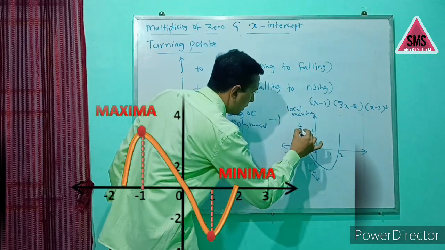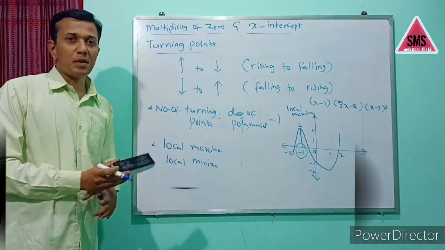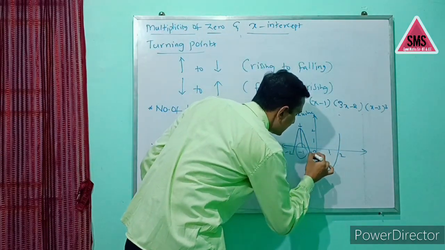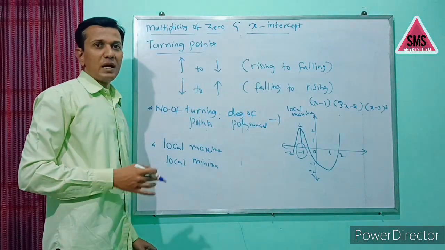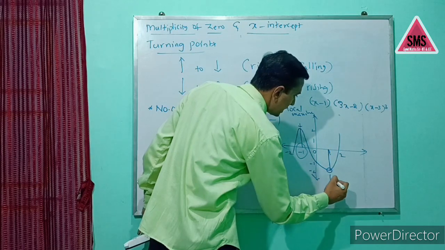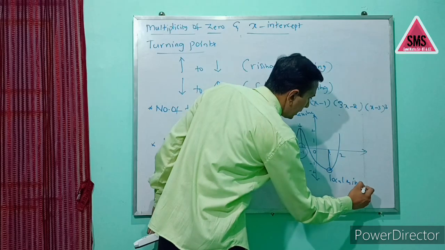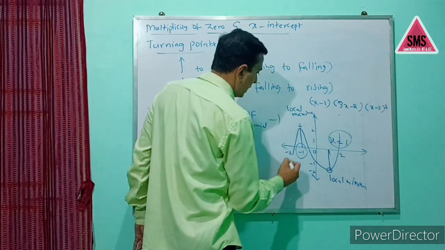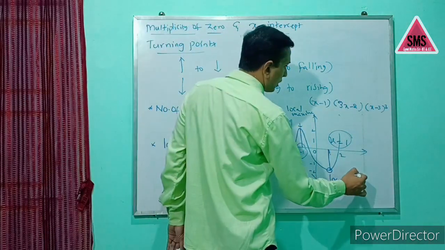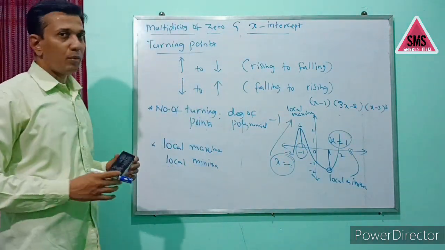At which point? At x equals minus 1, local maxima. Similarly, whenever it is reaching the valley position, another turning point, where is it reaching that minimum position? At x equals 1. So at x equals minus 1, local maxima, and local minima at x equals 1. So these are the turning points.